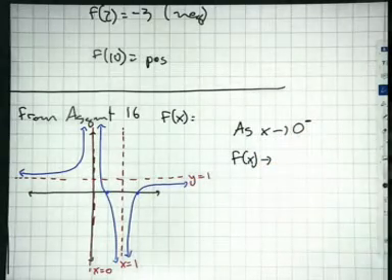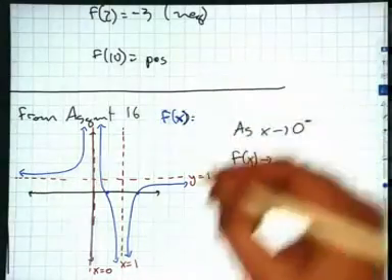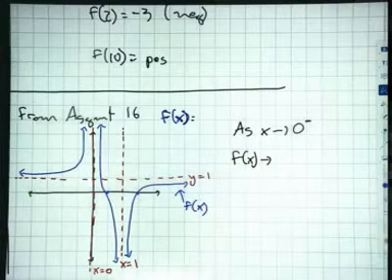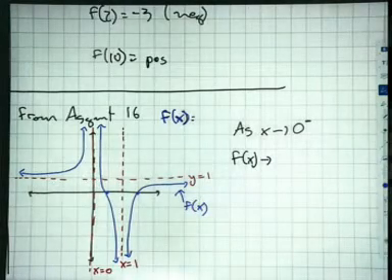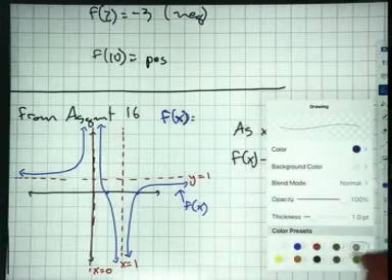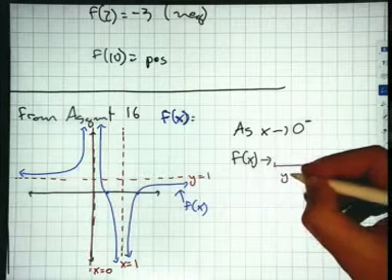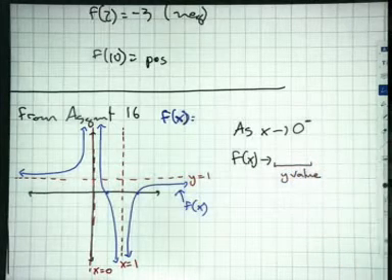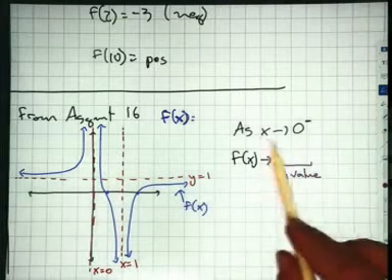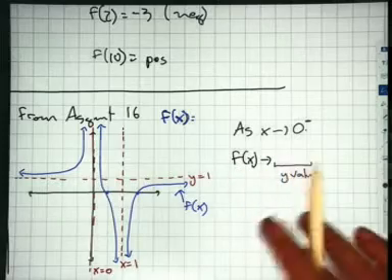Remember, everywhere that you see the blue, that is the function f of x. And we want to know what it is approaching. We're asking for the y value. So as x approaches 0 from the left, f of x is approaching what?